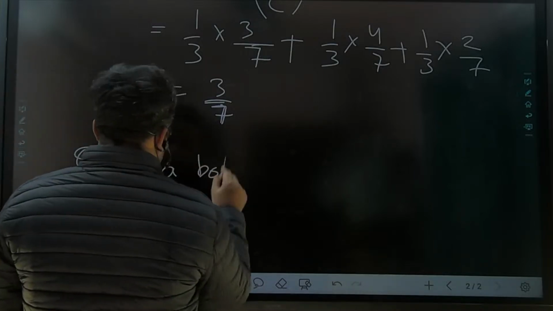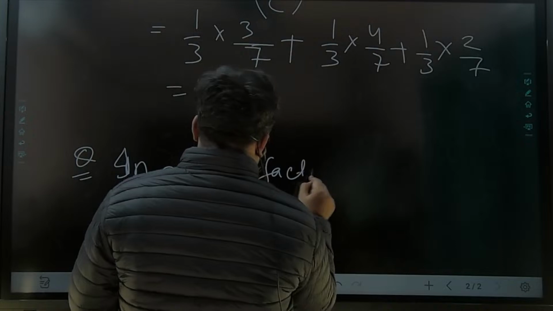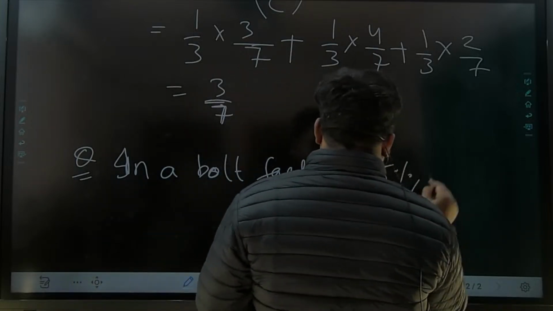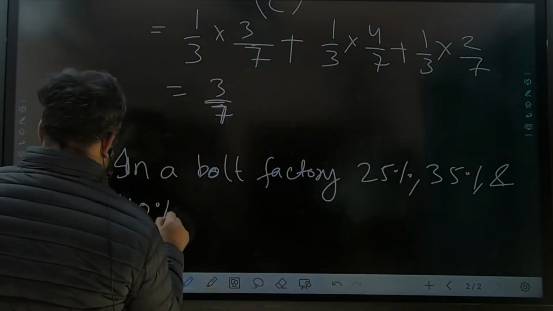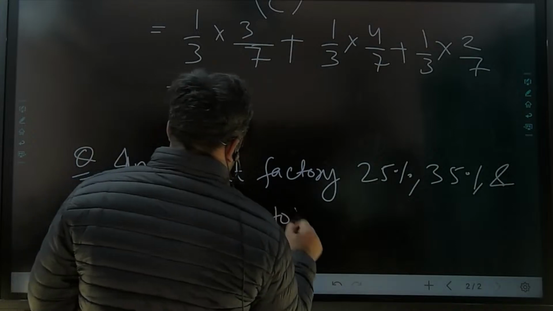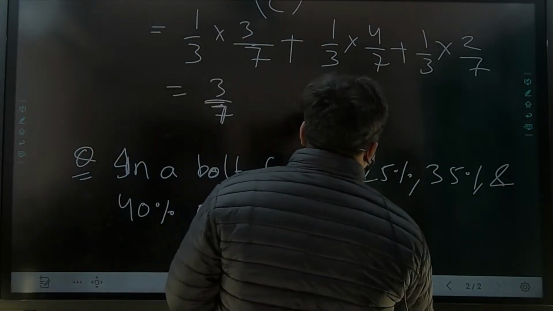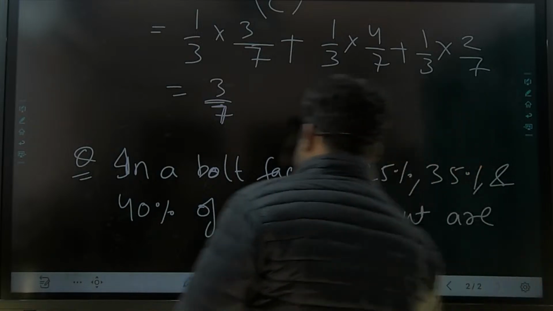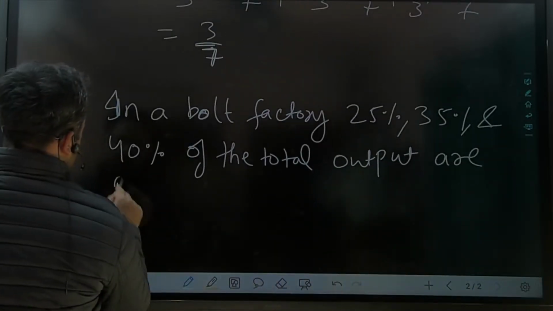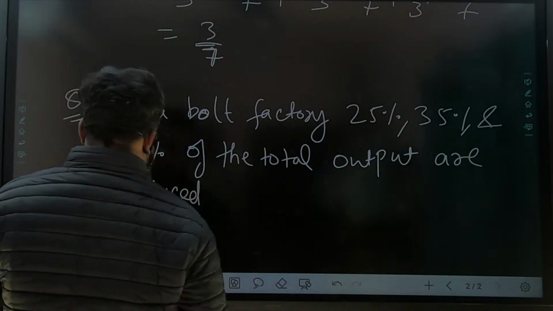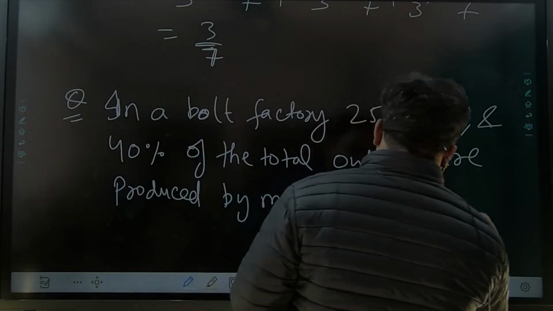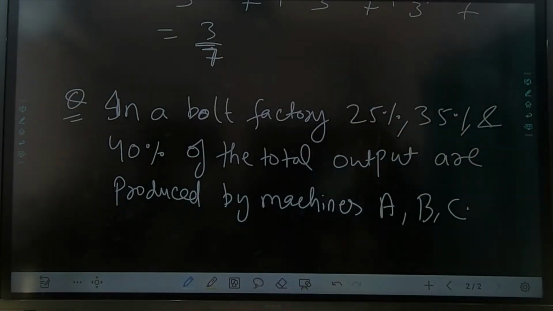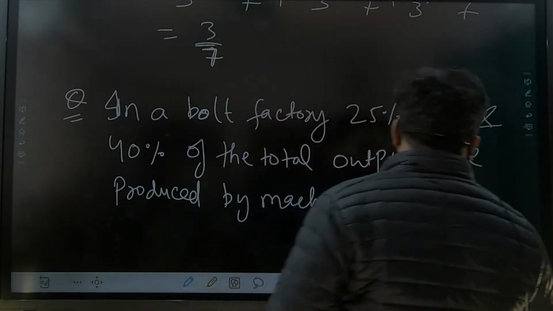In a bolt factory, 25%, 35%, and 40% of the total output are produced by machines A, B, and C respectively.